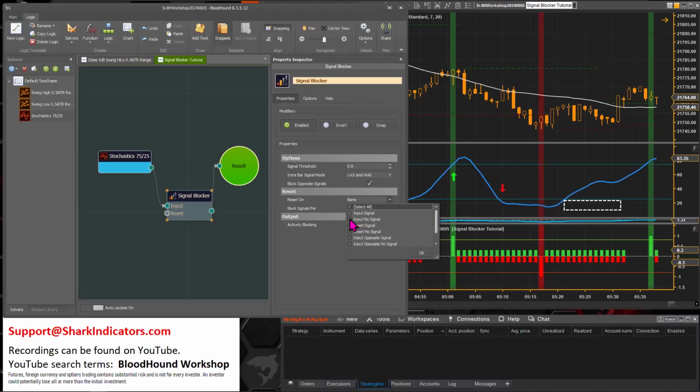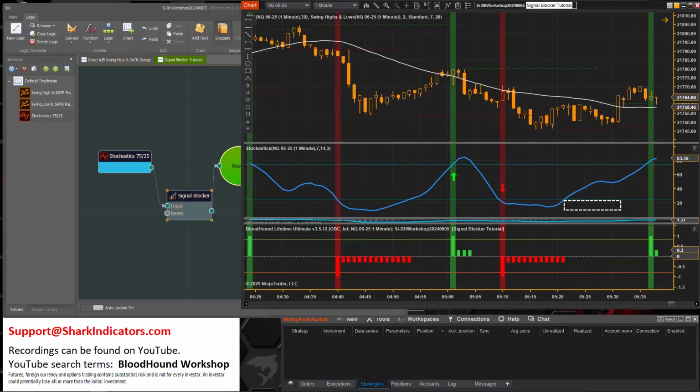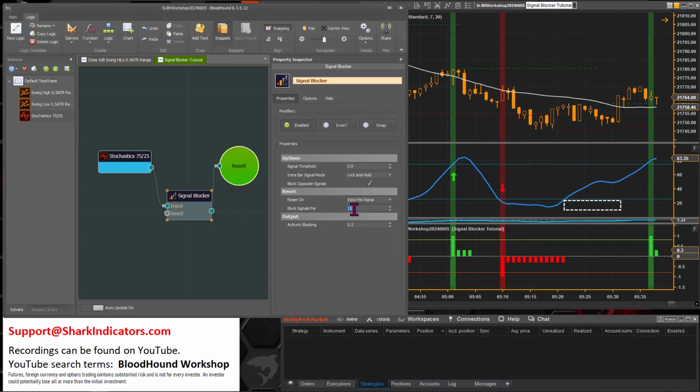Now, if I turn on the input no signal there, we can see that when the long comes in, and actually, hold on, let me knock this back up to 50 there. There.